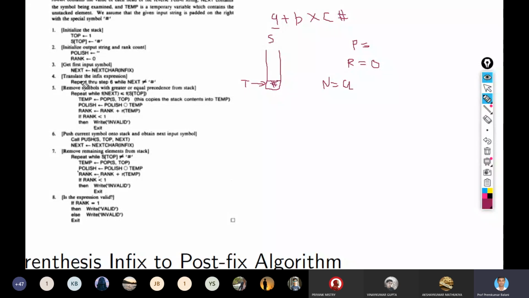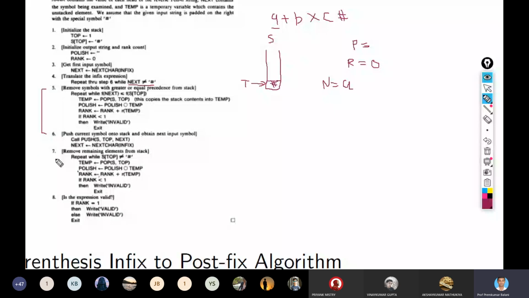Then on the fourth step, repeat through step 6 while next is not equal to hash. Clear? Till I do not have next equal to hash, I have to repeat steps 5 and 6. These two steps should be repeated iteratively till I get the hash.